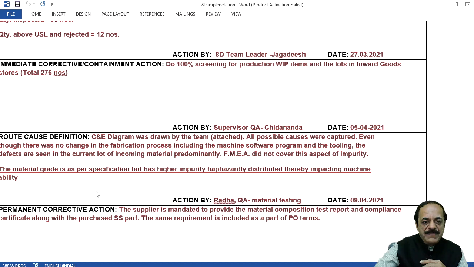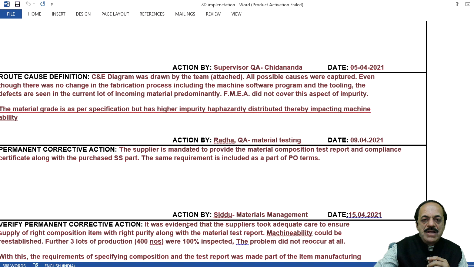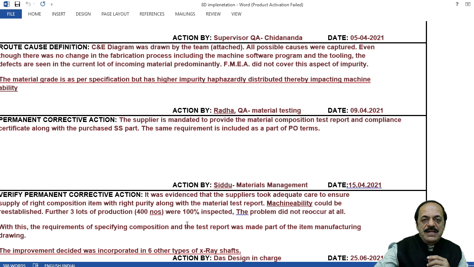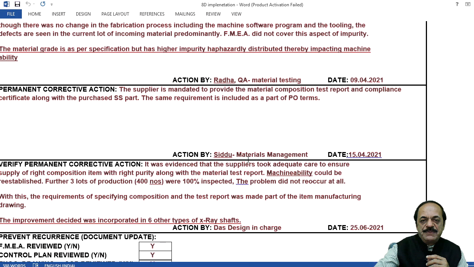Now, permanent corrective action taken was to include in the PO term that the supplier along with the consignment should deliver material test report also. This cautioned the supplier, and supplier became more alert. The responsibility to do so was given to materials management in charge, Mr. Sidhu. Then the items were delivered by the supplier in future lots along with the material test certificate.